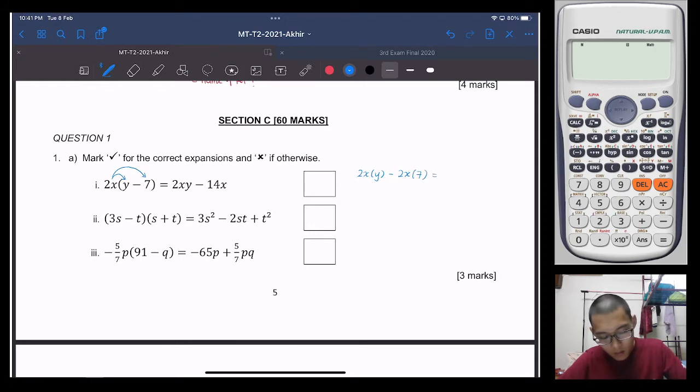So I will get 2xy minus 14x. Is that the same with this? Yeah, same. So this one is correct. If you are correct, you will receive 1 mark.